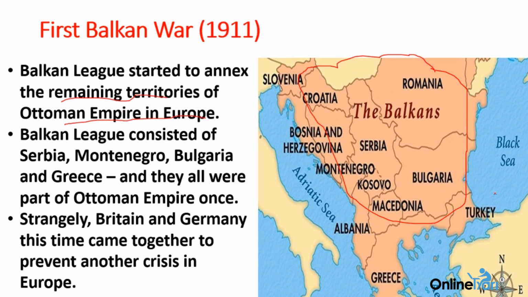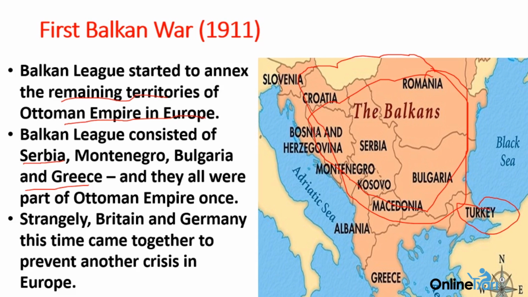Basically, Turkey, the Ottoman Empire at that time, had colonies in Europe, and most of the countries had already got freedom from the Ottoman Empire before that. But the Balkan League consisted of Serbia, Montenegro, Bulgaria, and Greece, and they were all once part of the Ottoman Empire.